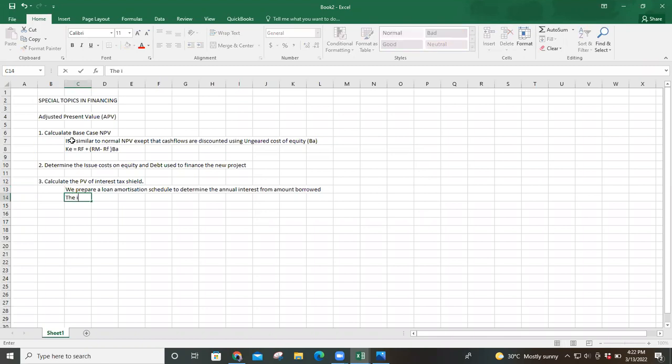The interest is then discounted using the risk-free rate of return. It's not only the interest, but the interest tax shield, and the interest tax shield is simply your interest multiplied by the tax rate.